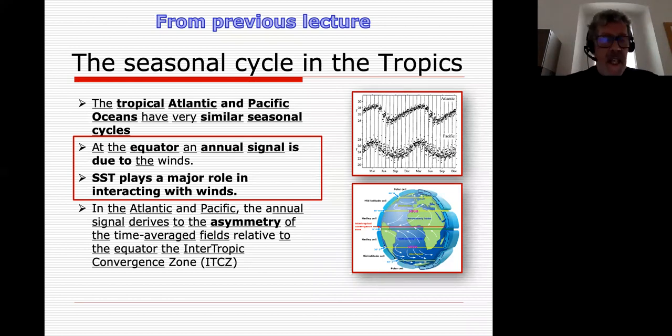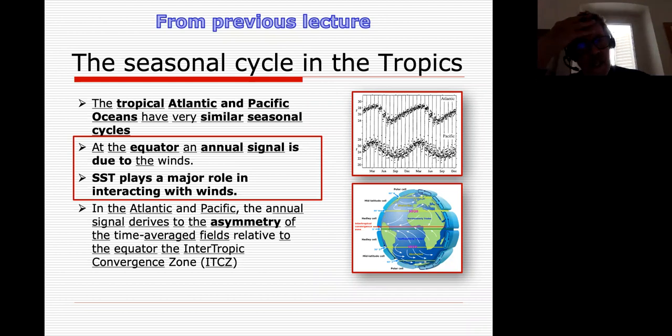Okay, let's go back to one of the last slides that we commented on yesterday, where we started the analysis of the scale variability of the ocean and discussed the seasonal cycle in the tropics.